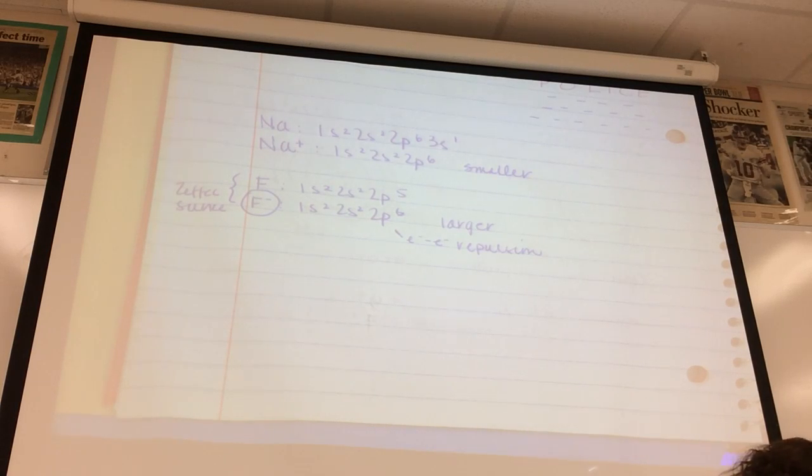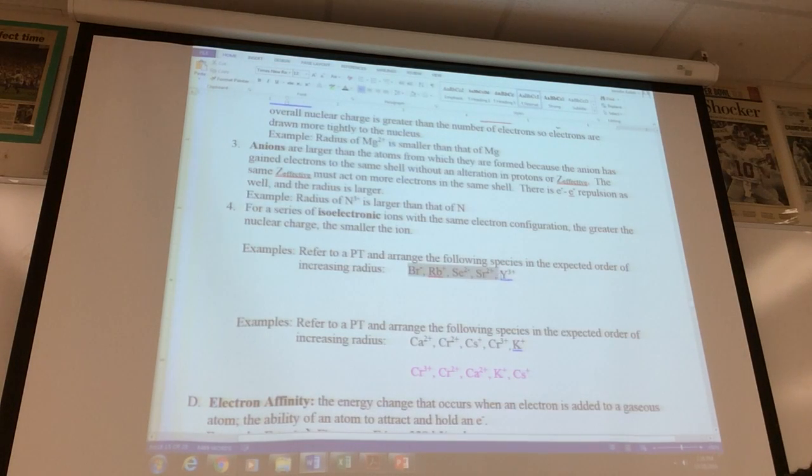The only other piece that may be a little challenging, and I don't really think you'll see much of this, but I'll show you one example here, is if you have a whole bunch of isoelectronic species, you will find the more negative the ion, the larger the radius, and the more positive the ion, the smaller the radius.